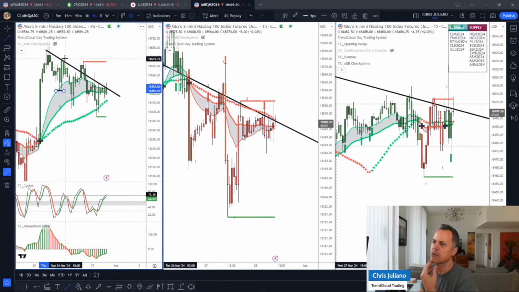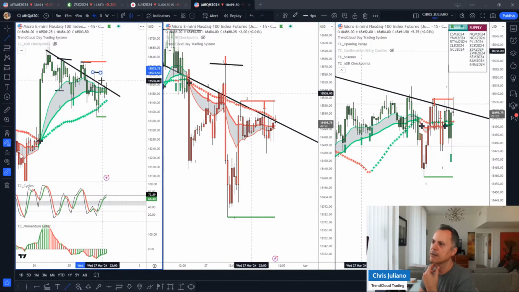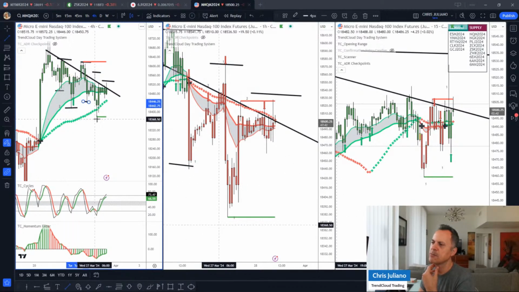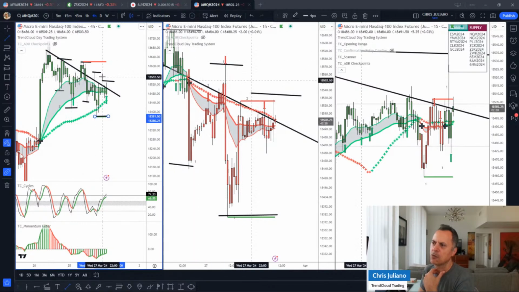Here's your high. Here's a lower high, lower high, lower high, lower high. Here's your low, lower low. This one kind of in the middle, lower low. So we're making these lower highs and lower lows.